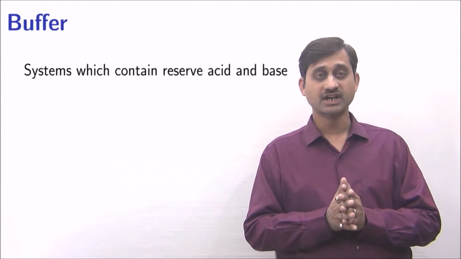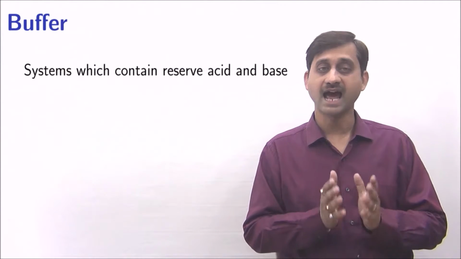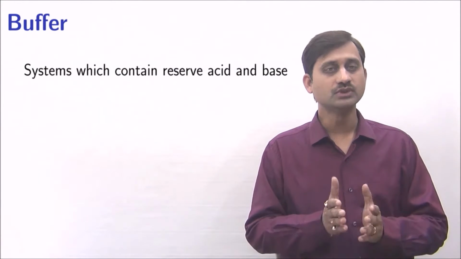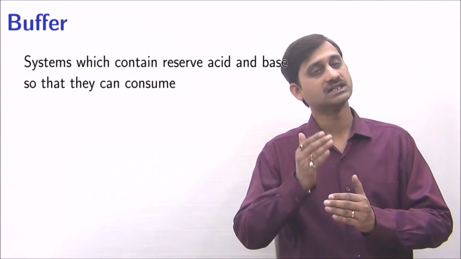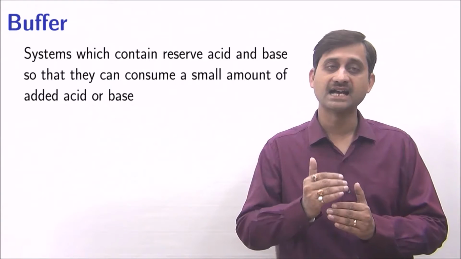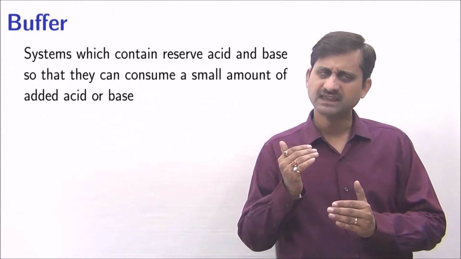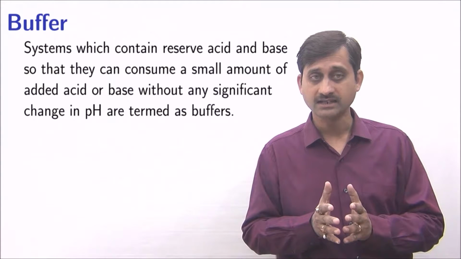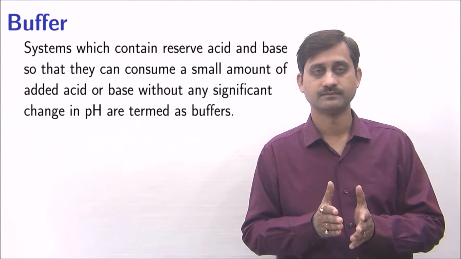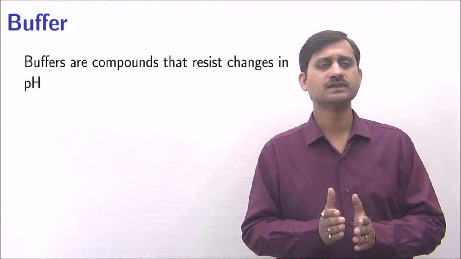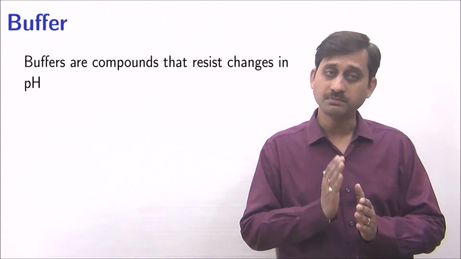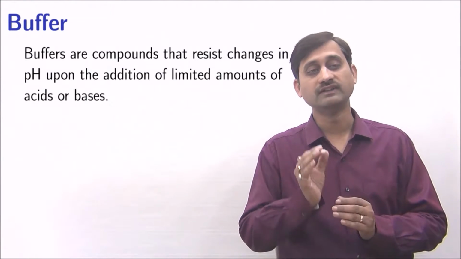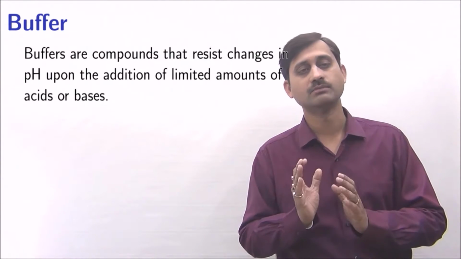Such systems which contain reserve acid and base, so that they can consume a small amount of added acid or base without any significant change in pH, are termed as buffers. These are compounds that resist changes in pH upon the addition of limited amounts of acid or bases.